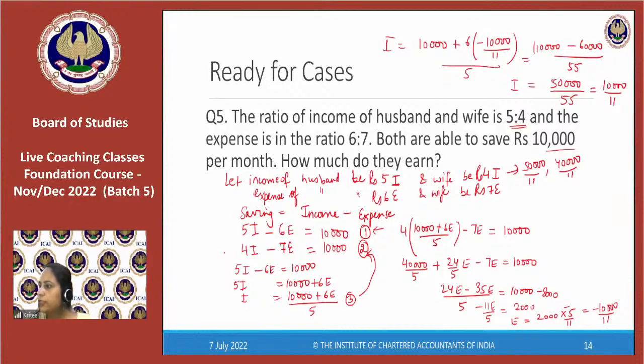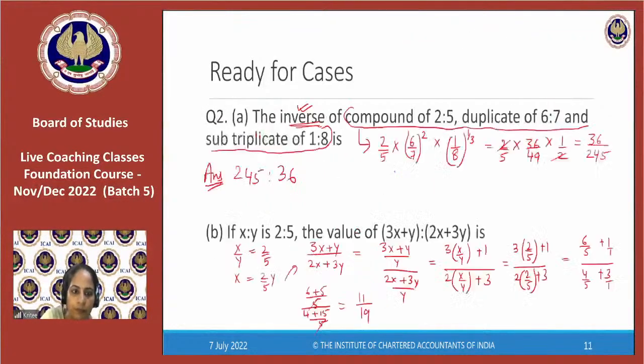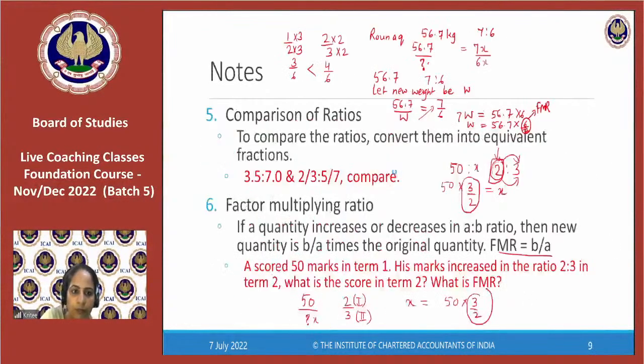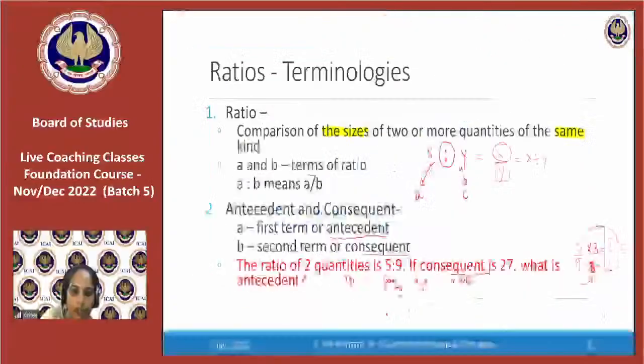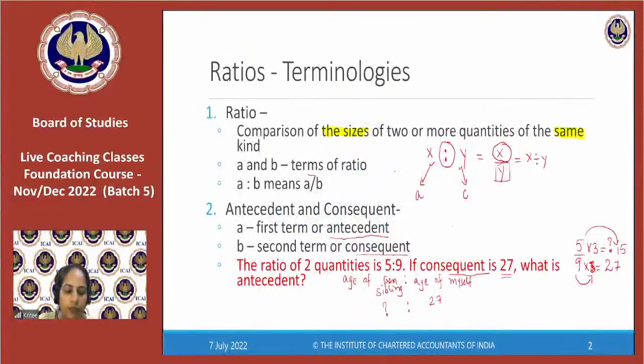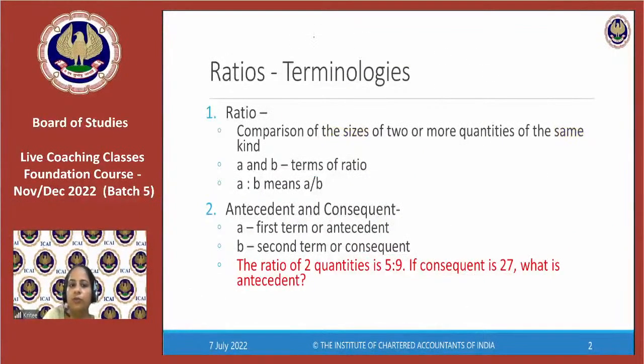Order of the terms in a ratio. Yes, Yumanshi is asking the order of terms in a ratio. So let me take up the initial page so that we can discuss the notes here. Okay, so you're asking me the order of the ratio.